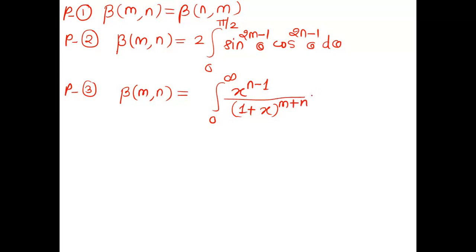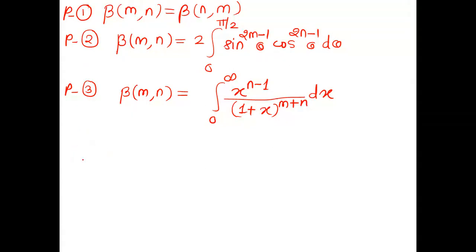So these are the three properties of the beta function. Sometimes property number 2 and property number 3 are also considered as transformations of the beta function.